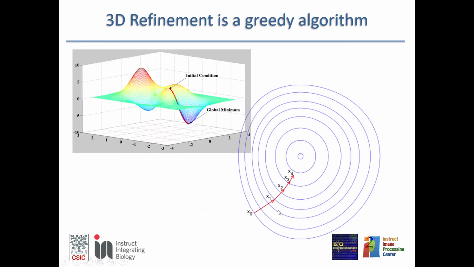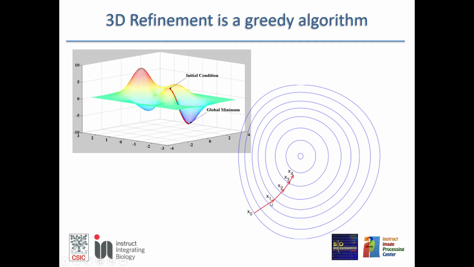Okay, so in optimization, you may be familiar with these plots where these are the contour levels of the landscape of solutions. This is the goal function that you are trying to minimize, and then you start with an initial guess, and then you move in a direction that reduces the goal function, and it may be the one with the highest reduction, that is gradient descent, or it can be one that reduces quite a lot the goal function, even if it is not the maximum.